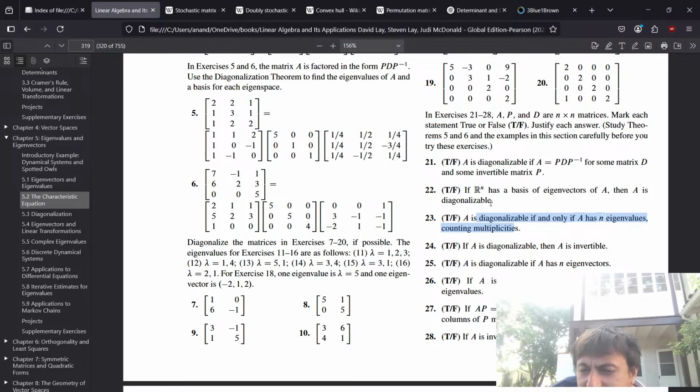If A is diagonalizable, then A is invertible. That's false. But what's an example? Wait, if A is diagonalizable, then it's invertible. Actually, that might be true.